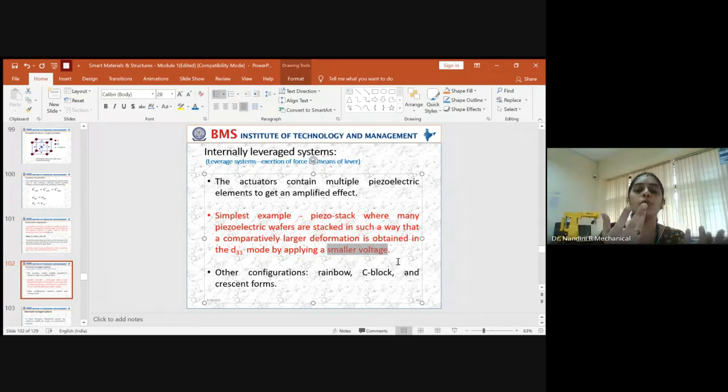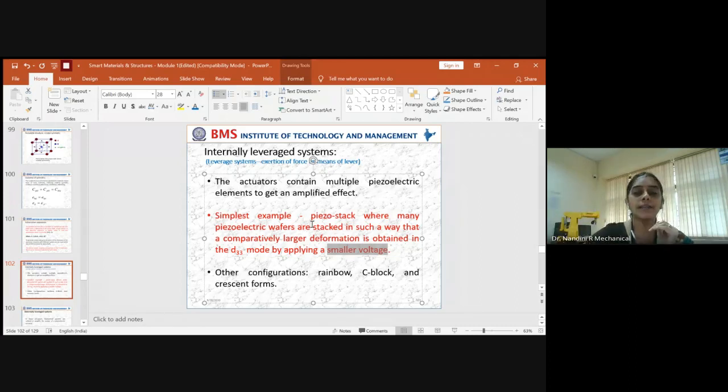Then it is of no worth using a piezoelectric actuator. A piezoelectric actuator should be so active that with respect to the minimum voltage subjected, it should be able to give the required deformation. That will be possible if you pile up n number of piezoelectric elements, because an individual piezoelectric element cannot give the required large deformation.